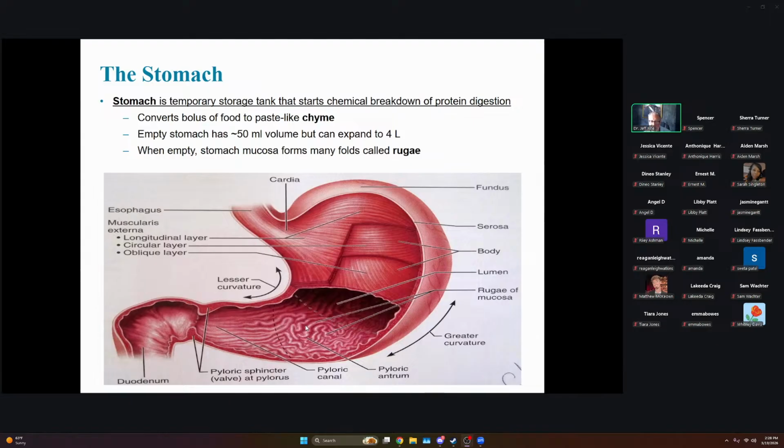These actual folds on the innermost lining of the stomach itself allow for the stretchability of the stomach, so that when we ingest a large meal, the stomach can stretch to accommodate those volumes. And then as the stomach begins to empty itself back out, it will contract back and get smaller again. Okay, so we talked about rugae. That should be pretty known to you at this point.